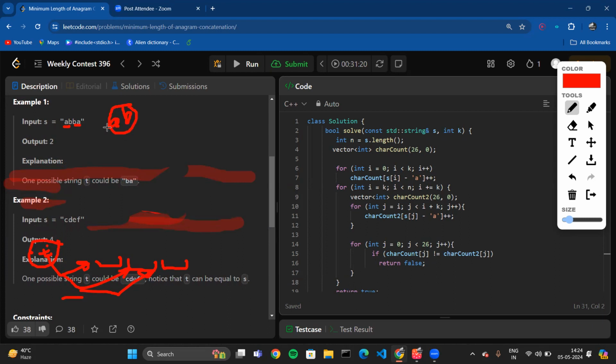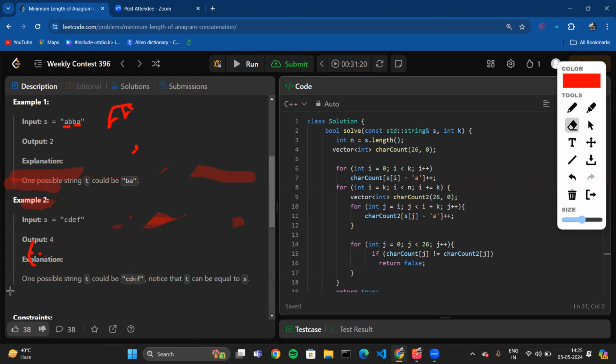Now I cannot take A as my string, because then this also had to be A, because we need to have anagrams adjacent to each other. For example, in this CDEF, we cannot have C as the string because it is not repeating. D also, E also, F also. So we can't have it like that.